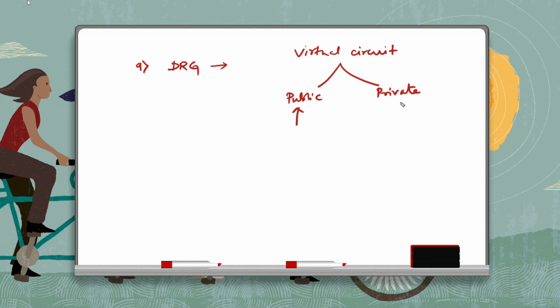And when there is a private communication between your on-premises environment and a virtual cloud network, that is what is your private virtual circuit. Now we know that a VCN can have a dynamic routing gateway attached to it, and hence a dynamic routing gateway is necessary for private peering. In case of public peering, the DRG doesn't come into action.